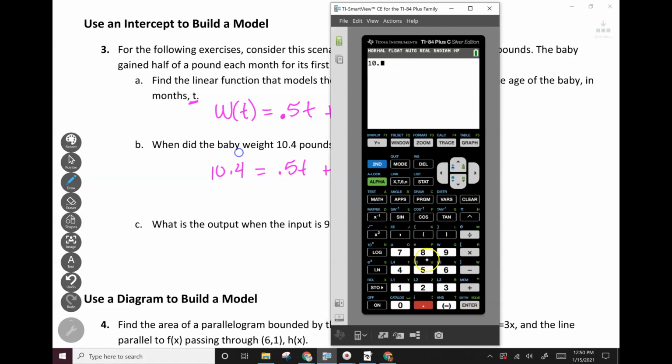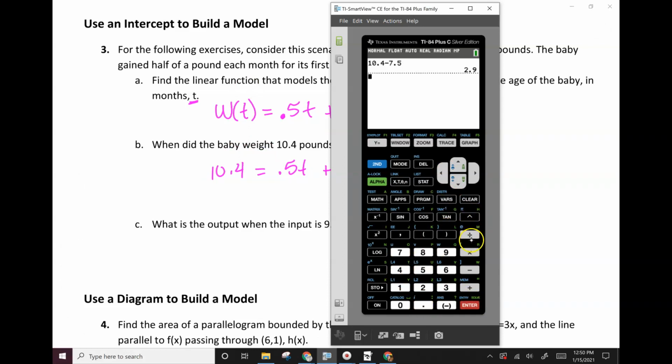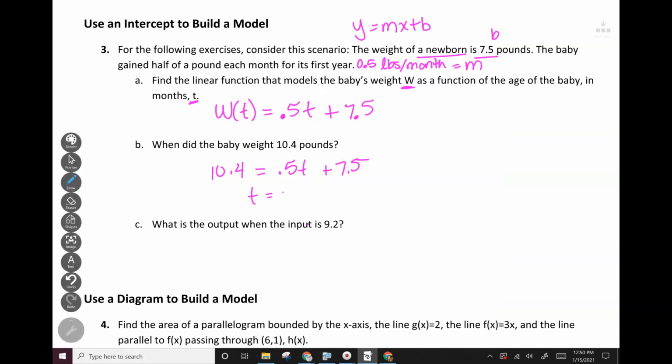So 10.4 minus 7.5, and then we're going to have to divide by the slope, 0.5, to get 5.8. So t comes out to 5.8. Subtracted 7.5 and divided by 0.5. So that is months. So at about 5.8 months, the baby weighs 10.4 pounds.